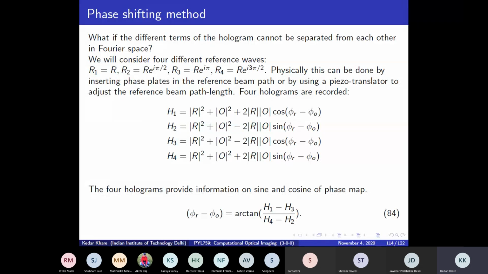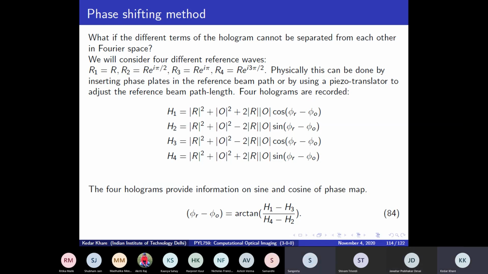So arctan has to be H4 minus H2 divided by H1 minus H3. I have to invert this ratio. This ratio will give you tangent of phi r minus phi 0. And since you generally know the reference beam phase as a calibration step of the system, you can get the phase of O. Is this clear?